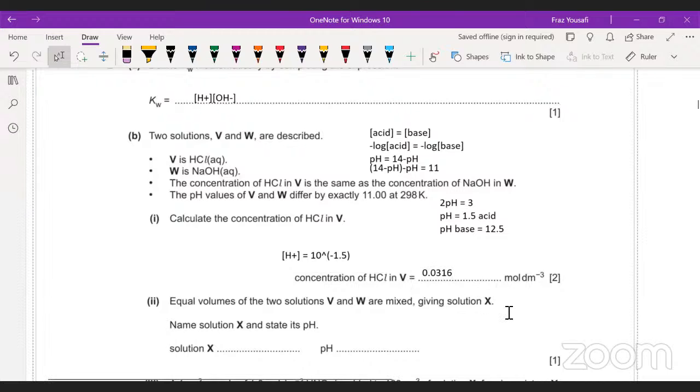This is the concentration of your H plus ions when, in this situation, you have a pH of 1.5 and 12 and a half.